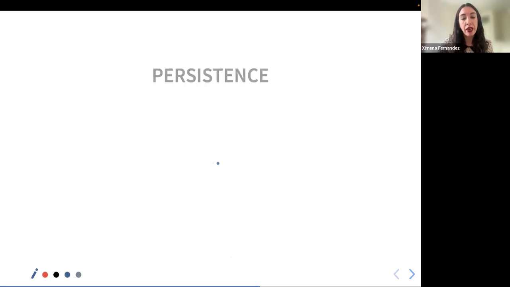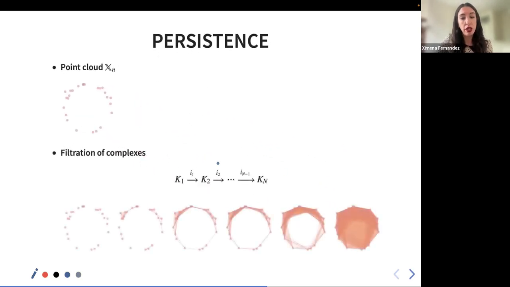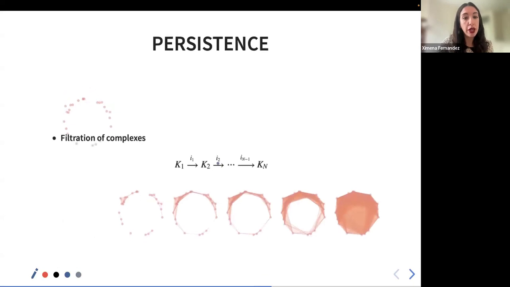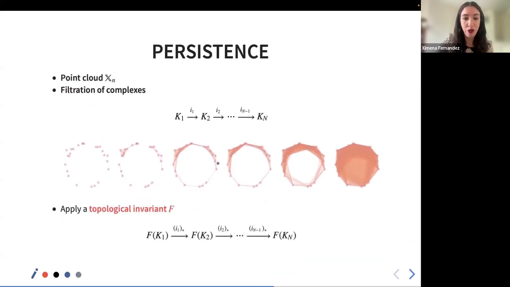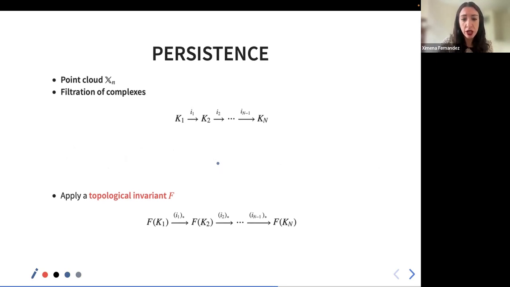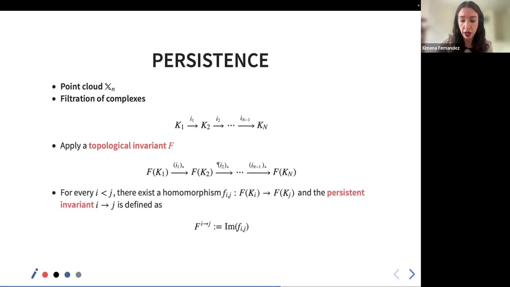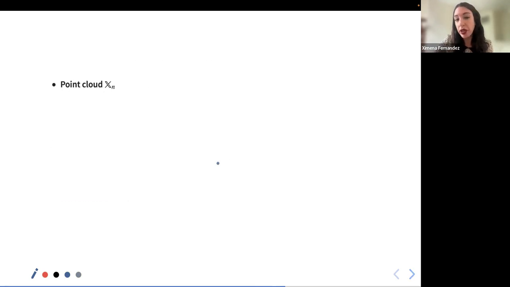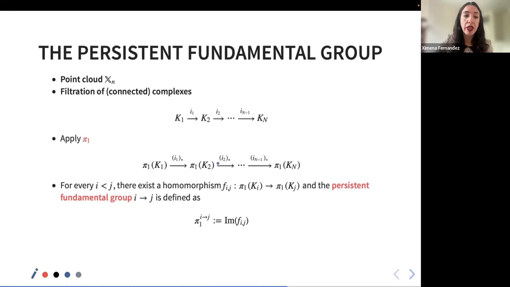So the idea to extract some information about pi1 is, again, the notion of persistence. In general, you start with the point cloud, you construct in some way the filtration of complexes, and then you apply your favorite topological invariant to both morphisms and complexes. And you study the evolution of all these objects. In our case, we're going to apply pi1.